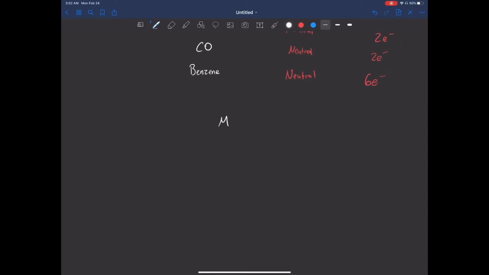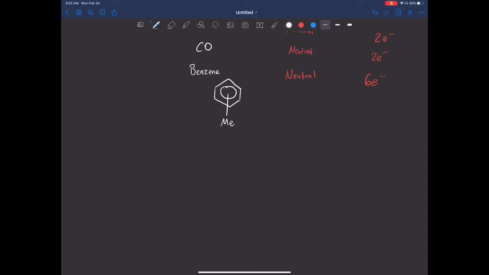If you have your metal, the benzene will look like this. Try to draw that better. And the metal will be bound at the center. You usually see it with the circle there. All right.